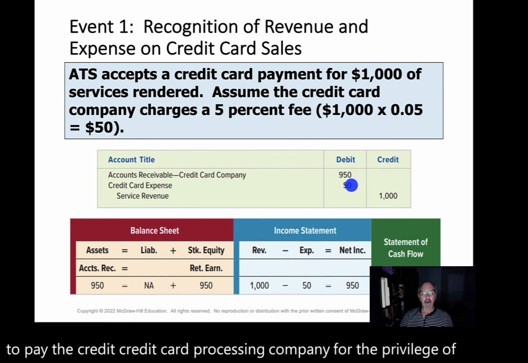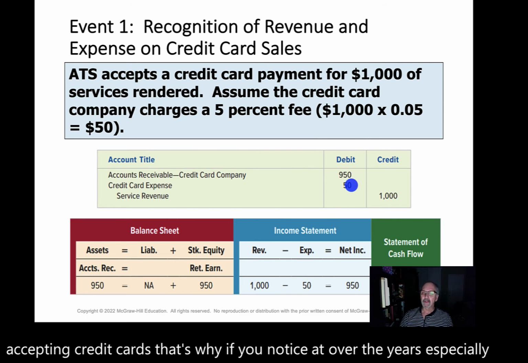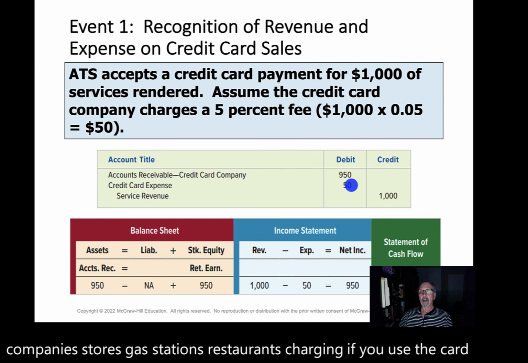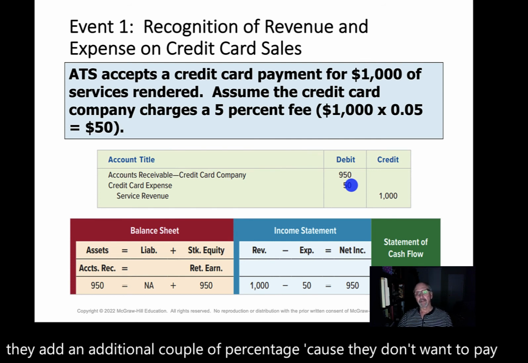That's why, if you notice, over the last 3, 4, 5 years, we've started to see more and more companies, stores, gas stations, restaurants, charging if you use the card. They add an additional couple of percentages because they don't want to pay this anymore. They figure it's a convenience to the customer.